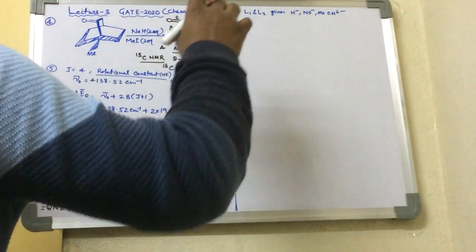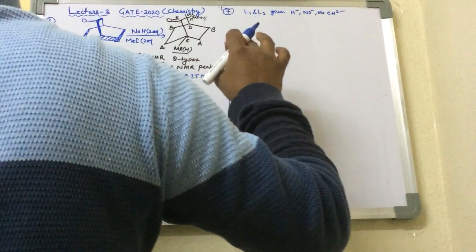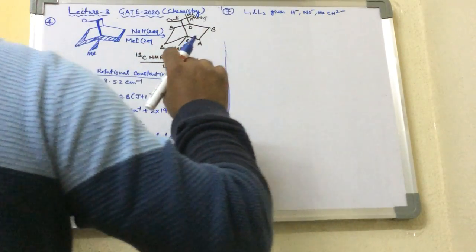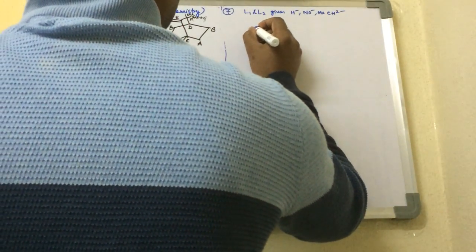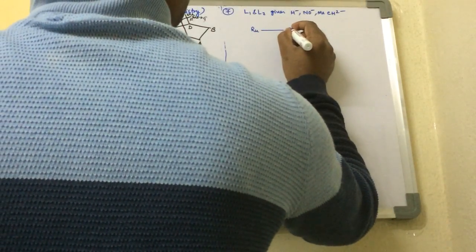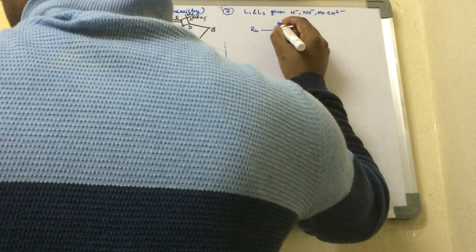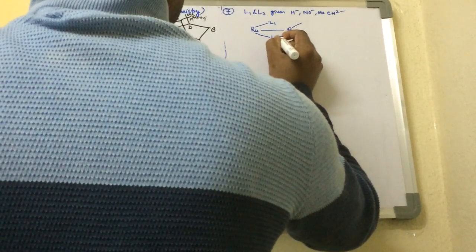So by choosing from these molecule species, we have to use the given molecules. Here ruthenium and this L1, L2.